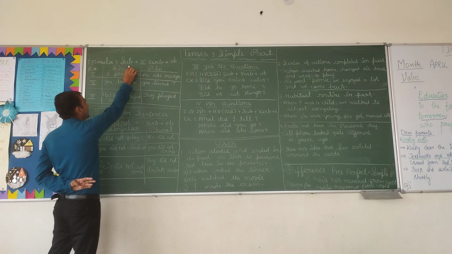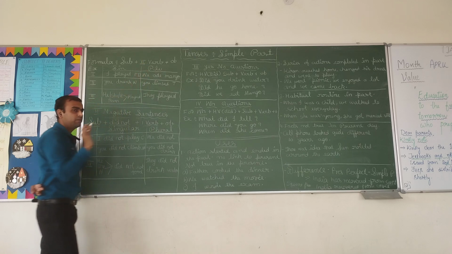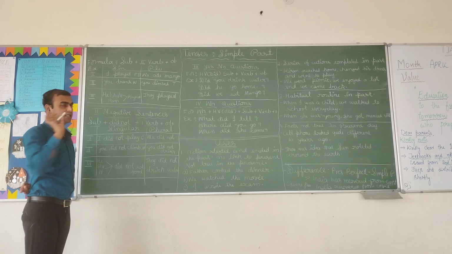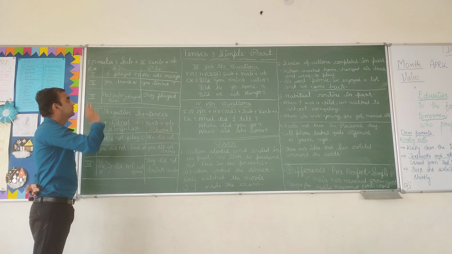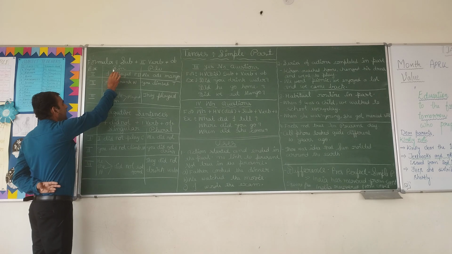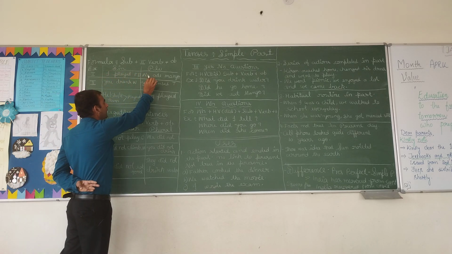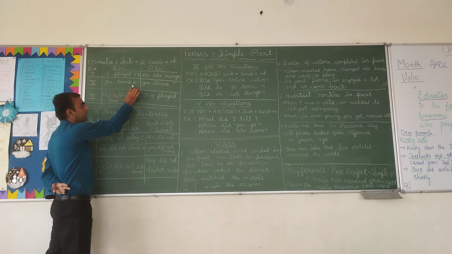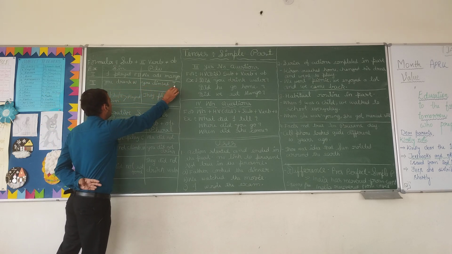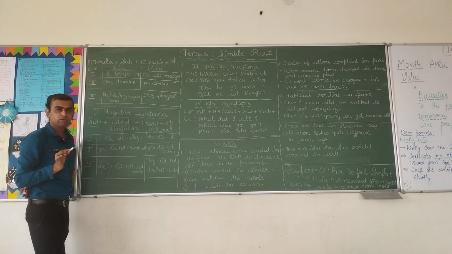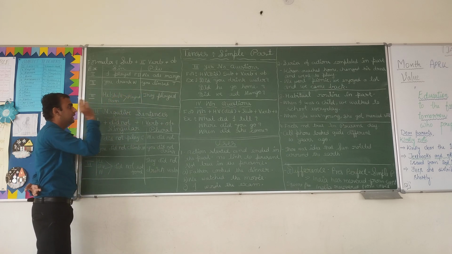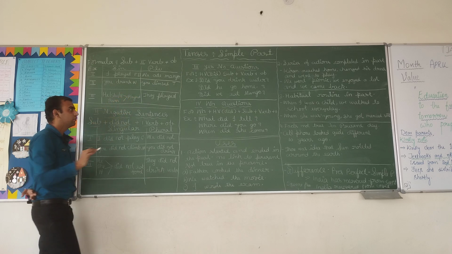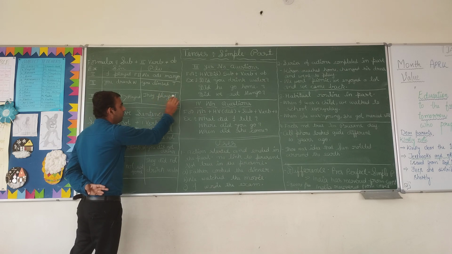The formula is subject, second form of a verb, plus object. Past tense, mostly we use the second form of a verb. Example: I played football, we ate mango, you drank water, you climbed tree, he played football, she climbed tree, it ate food, Ram played football, they played football.